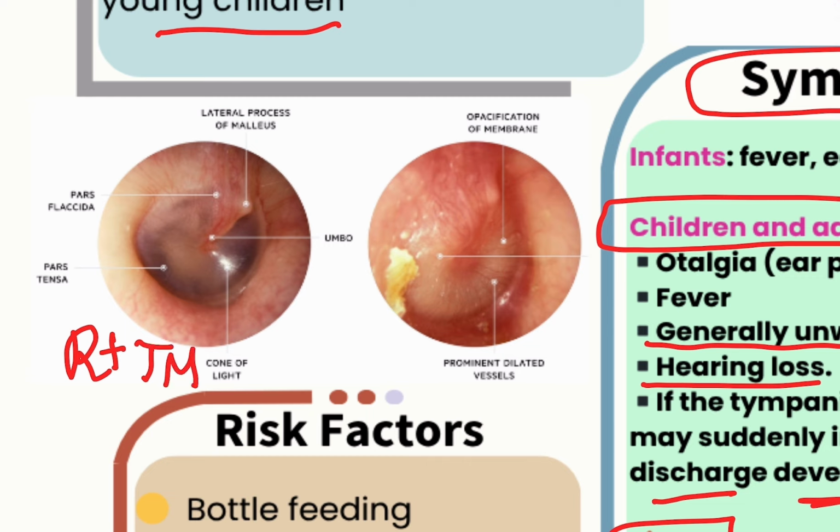As we can see, we have normal landmarks that consist of the lateral process of the malleus, the umbo, the cone of light at the antero-inferior quadrant, and the normal pearly gray color of the tympanic membrane, which is transparent. We have the upper part called pars flaccida and the lower part called pars tensa.